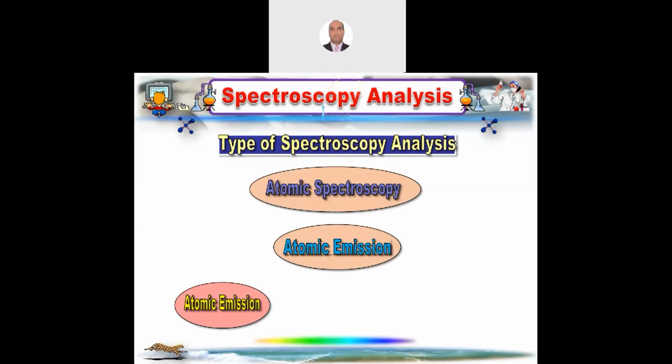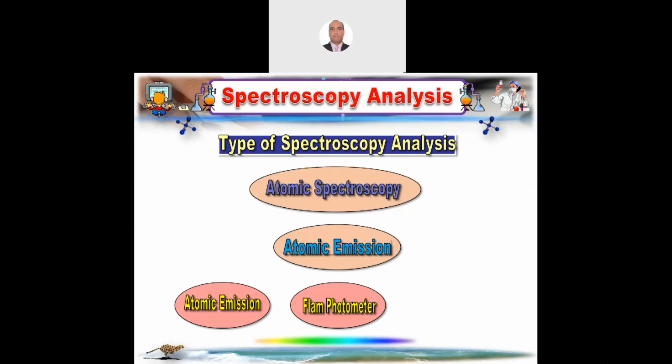Atomic emission is divided into three types. Atomic emission with atomic absorption spectra is combined for measurement of elements with high emission like sodium, calcium, magnesium, lithium, and so on.